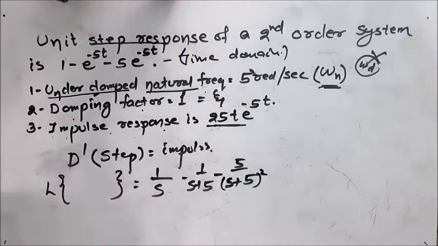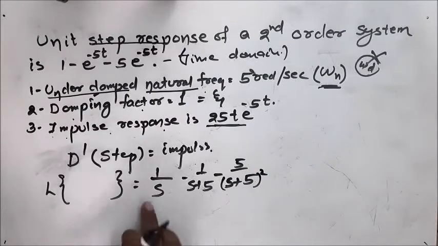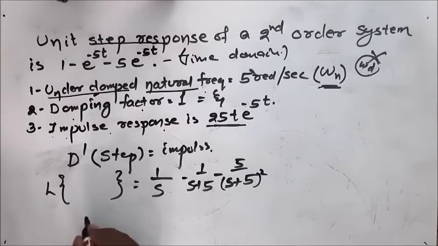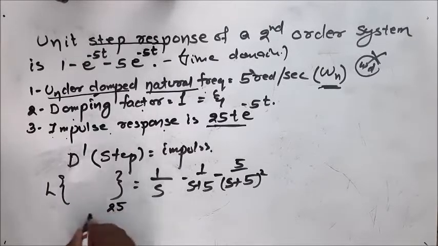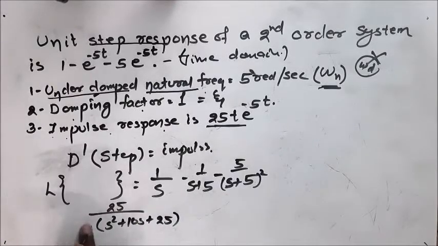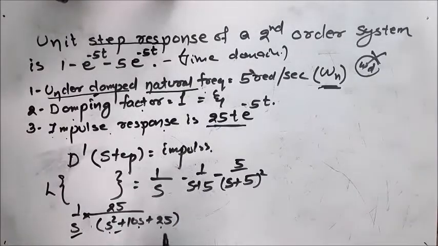You know how to do the Laplace transform, and if you solve this, you will reach the equation 25 divided by s into s square plus 10s plus 25. You take this s outside, 1 by s into this value. If they ask for the characteristic equation, the denominator is 0, either this is 0 or this is 0. This s cannot be 0, so the characteristic equation is s square plus 10s plus 25.